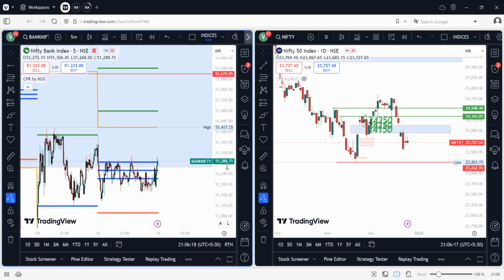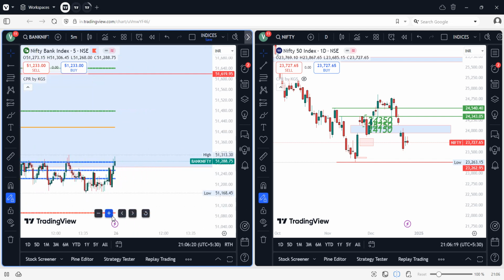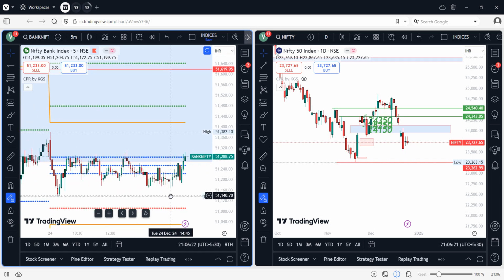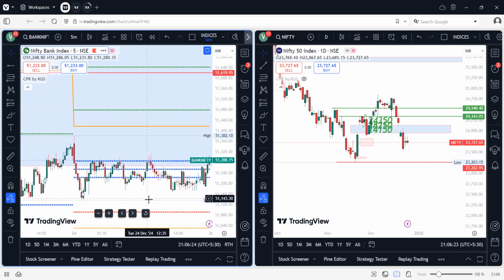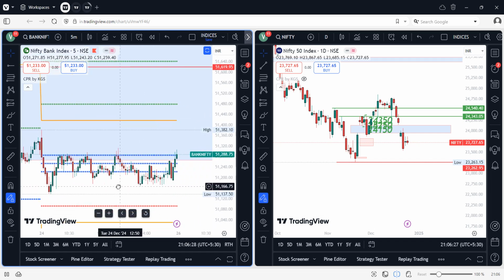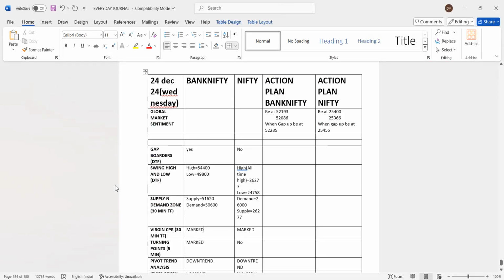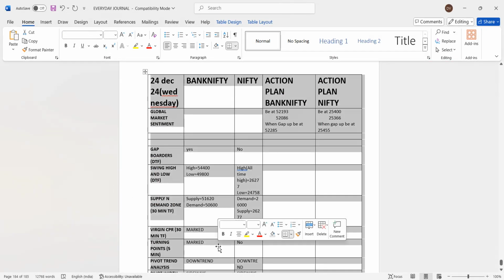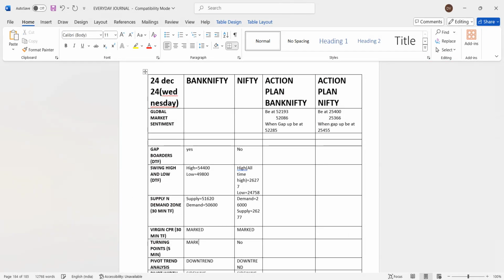Now I am comfortable with analyzing all these things, so I'm not deleting everything. See, there is no breakout on this particular day, so there is no turning point. I mark this as no.